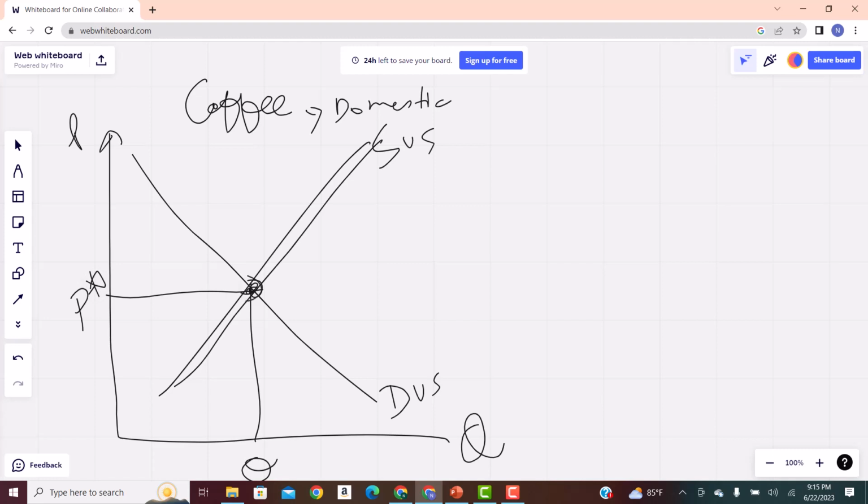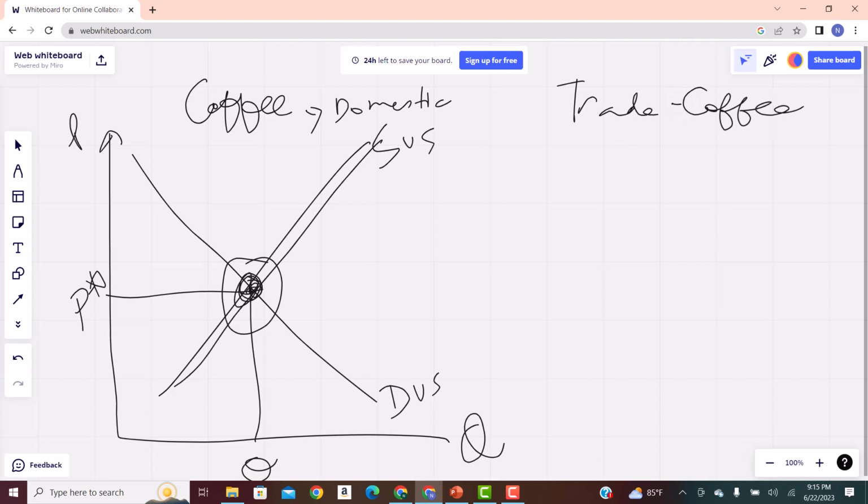Because where demand and supply intersect, that is the equilibrium price. So right now this is the equilibrium price. Now let's say the US opens up to trade, and now in the market we have coffee producers within the country, as well as foreign coffee producers or foreign coffee sellers, right?